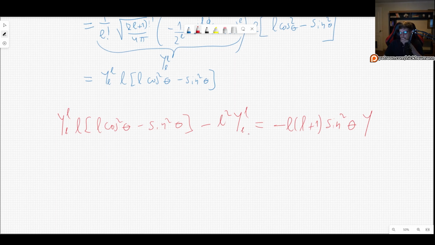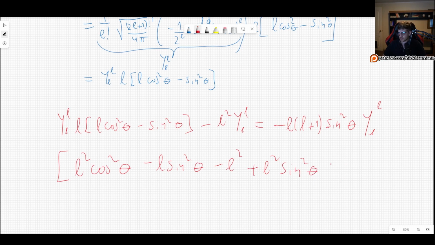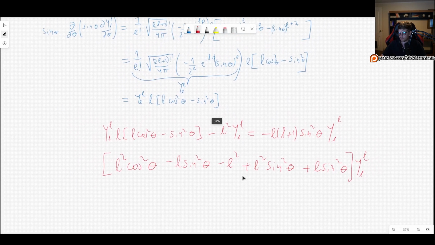Okay, so let's take a moment to see what exactly we have here. Let's factor out all of our Y's. So we have L squared cosine squared of theta minus L sine squared of theta minus L squared. Actually, let me put all to one side. So let's just do plus L squared sine squared of theta, right? And then plus L sine squared of theta, and all of this times Y_LL.